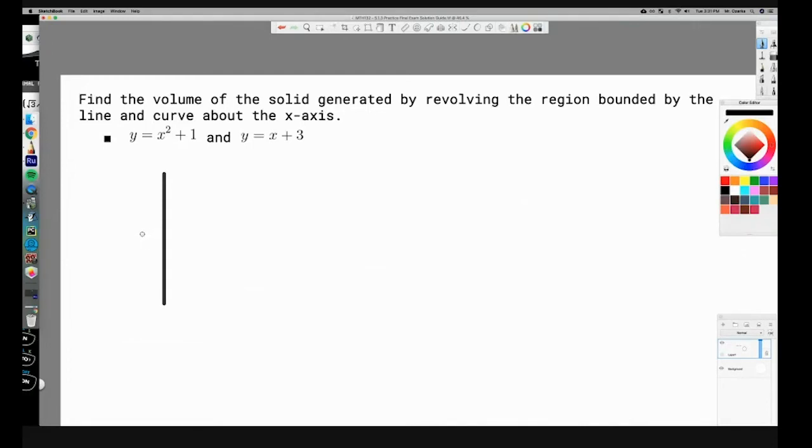All right, so we're doing this here. Actually, let's go both ways. Now, to figure out where they intersect, you can do one of two things. You can set them equal to each other, or you can graph them, whichever one's easier for you. I'm going to just set them equal to each other, because you just end up having to do some factoring.